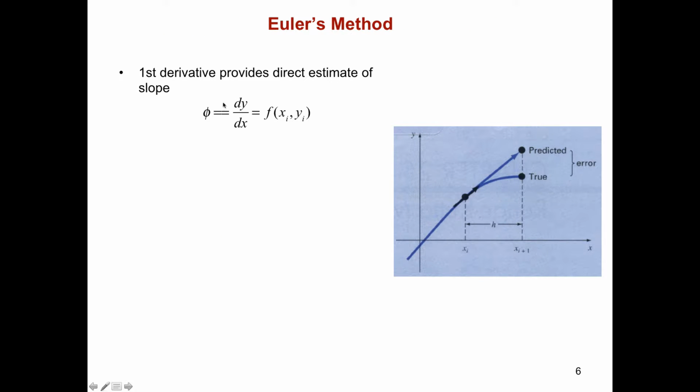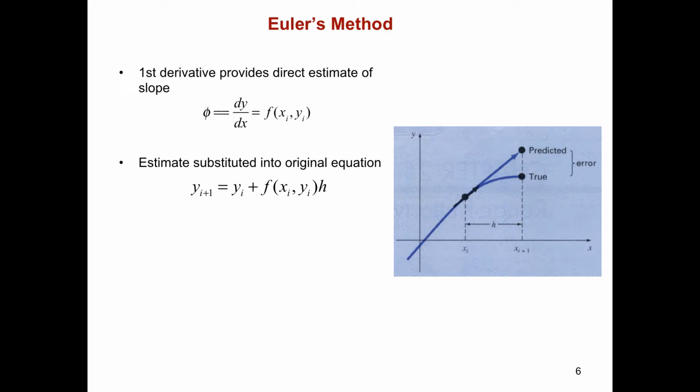So this phi at the current value of xi, yi, is the value at the current step. So I'm just going to say, yi, this is my old value, this is my slope, f of xi, yi. I just evaluate my function as given, times my step size h. And that gives me my new value, yi plus 1.